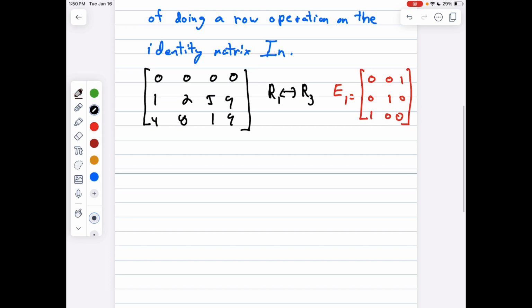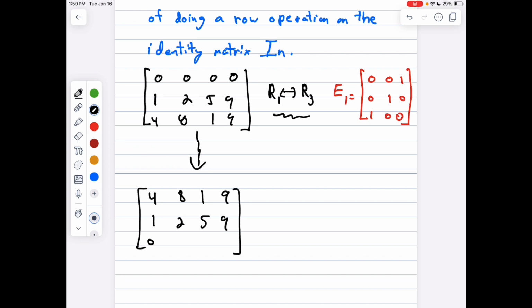Okay. And right below this, I'm going to put the result of what I get. So down this column, I'm going to put the result of what the operation up here was. When I swapped the two rows, I would get 4, 8, 1, 9, then 1, 2, 5, 9. The second row stays untouched, and zeros are all on the bottom.